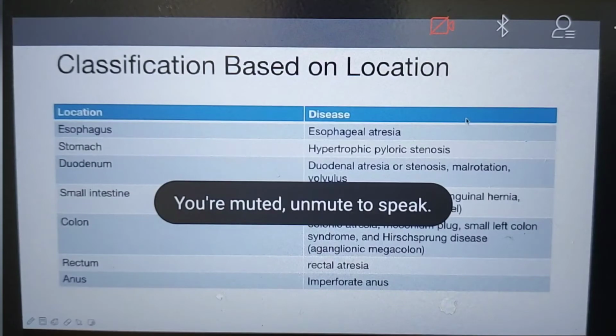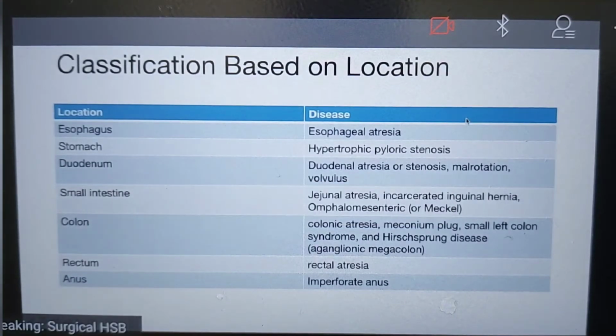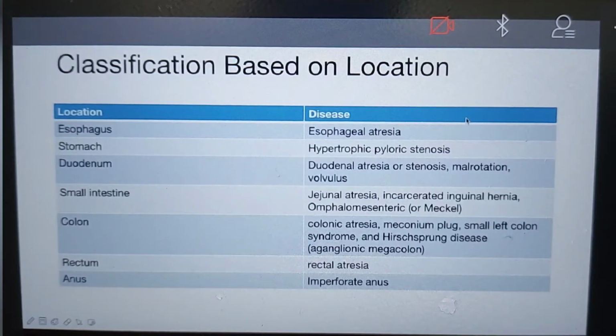Before we go deeper, obstruction can happen anywhere along the GI tract. If it happens in the esophagus, it can be esophageal atresia. If in the stomach, maybe hypertrophic pyloric stenosis. If in the duodenum, duodenal atresia or stenosis, malrotation, and volvulus.